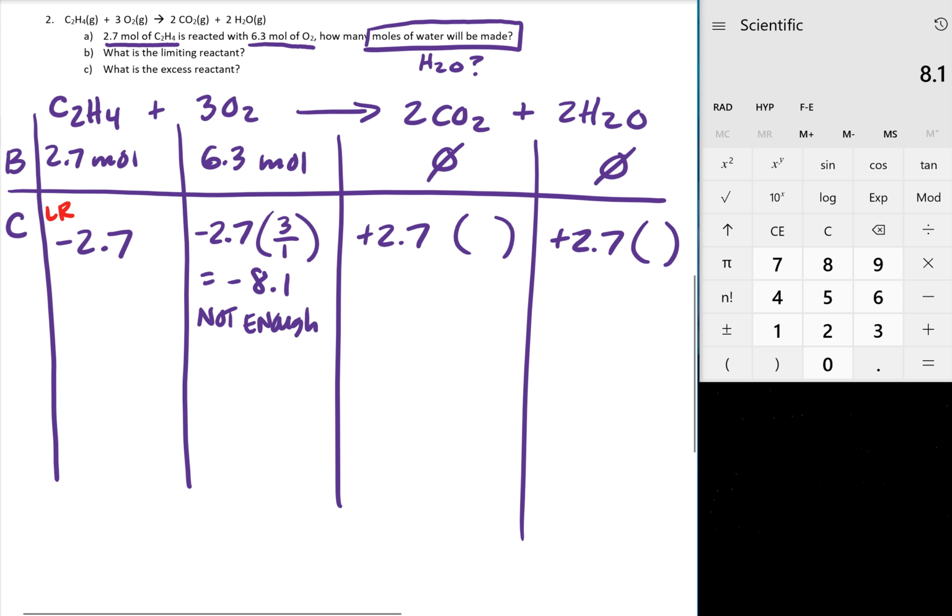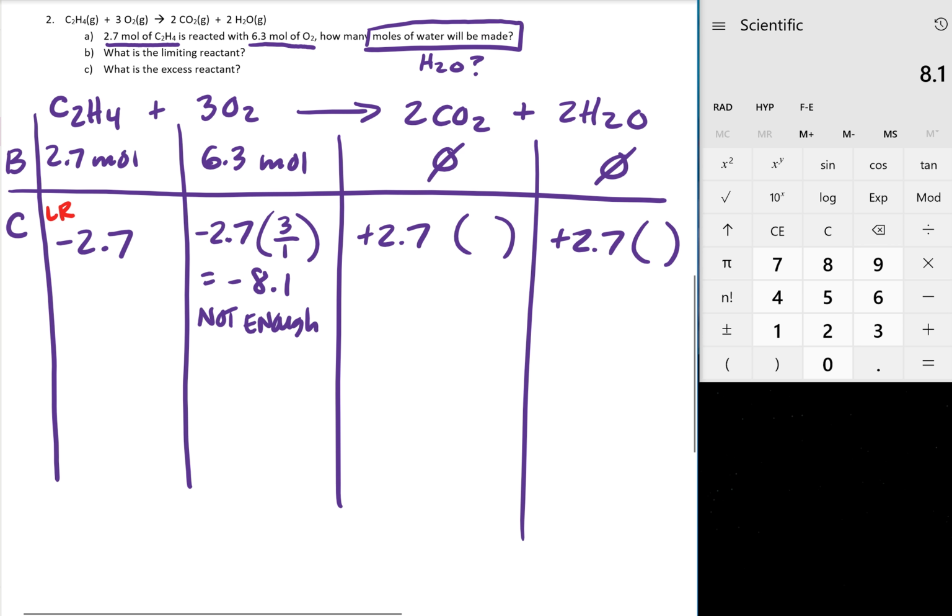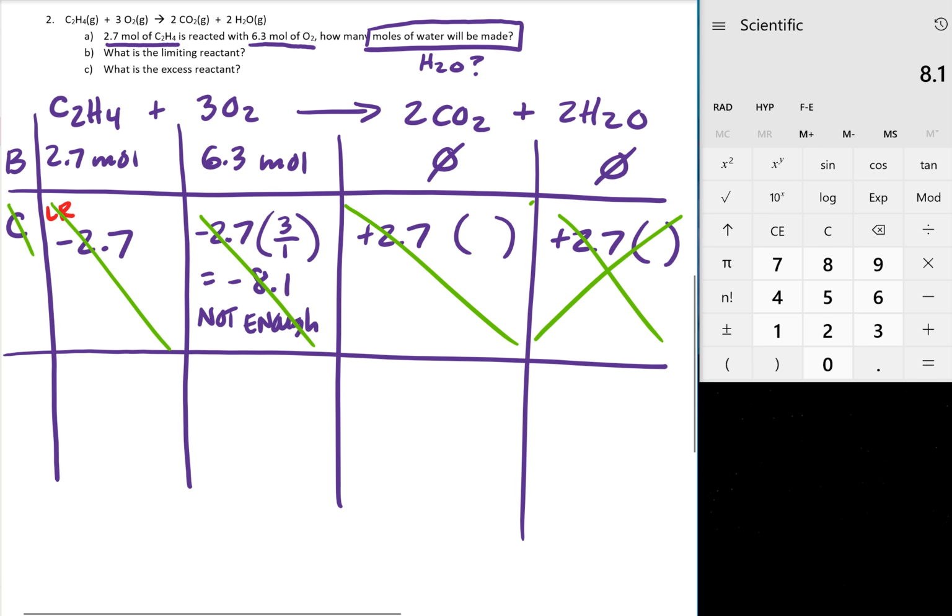So that means oxygen is the limiting reactant, not C2H4. So this change row is invalid. This is not going to be our change. So we're going to cross it out and pretend that it's not there.